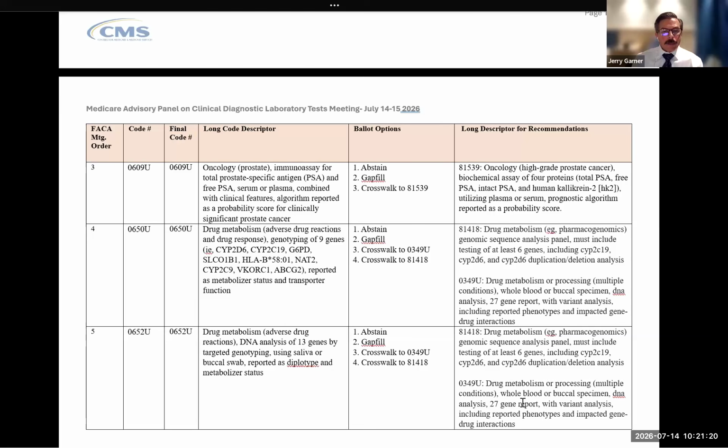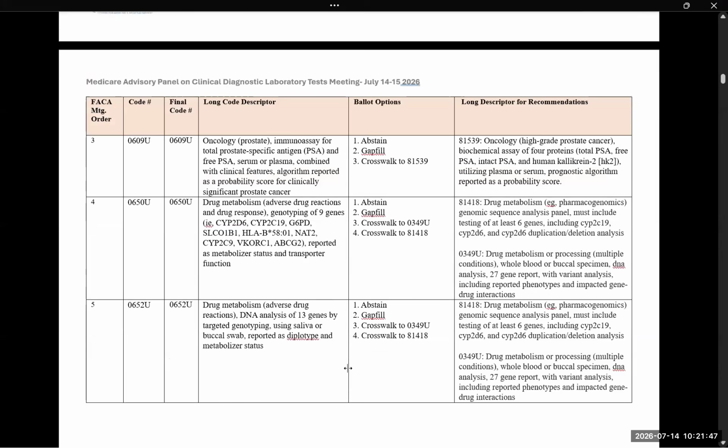On a matter of precedent, the subcommittee researched 0359U, which was presented on June 22nd, 2023, during the annual lab meeting, which outlined 4 markers matching its surrogate of 81539. Therefore, it is recommended that 0609U be placed for gap fill. Thank you. Are there any other options for the panel to consider for this code? And any questions or comments from the panel or CMS? All right, if not, panelists, please cast your votes.